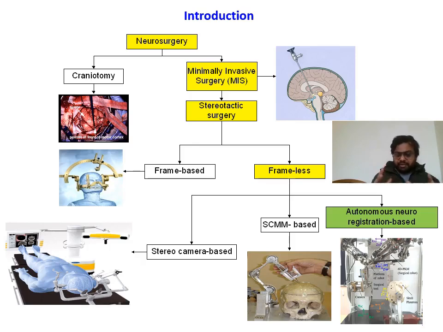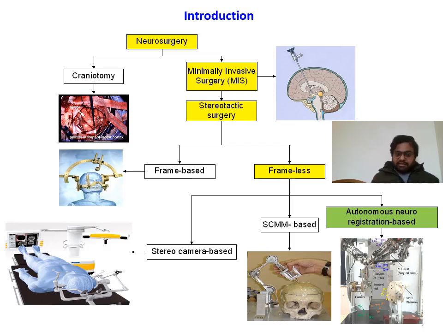Once the virtual frame is established, the surgical tool can be tracked afterwards. The stereo camera-based system is the most popular system nowadays. It has a wall-mounted camera system, and it continuously tracks the surgical tool. Wherever the surgeon moves the tool, the surgeon can see its visualization and take decisions.